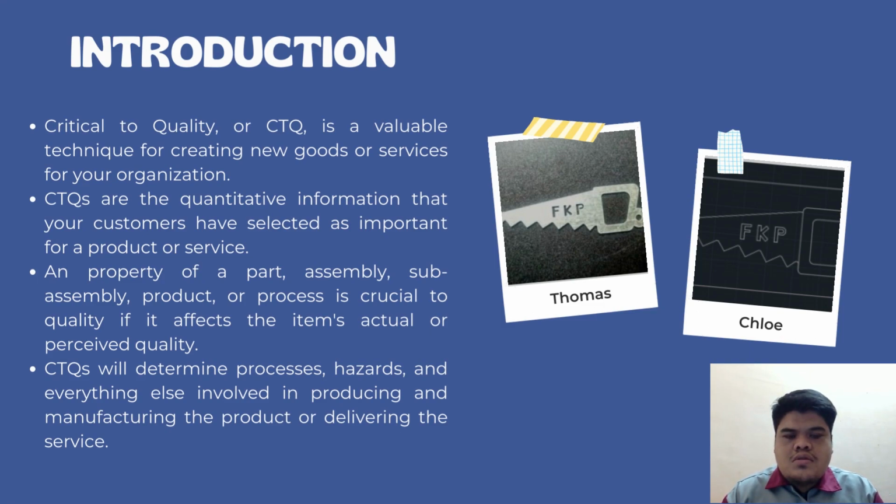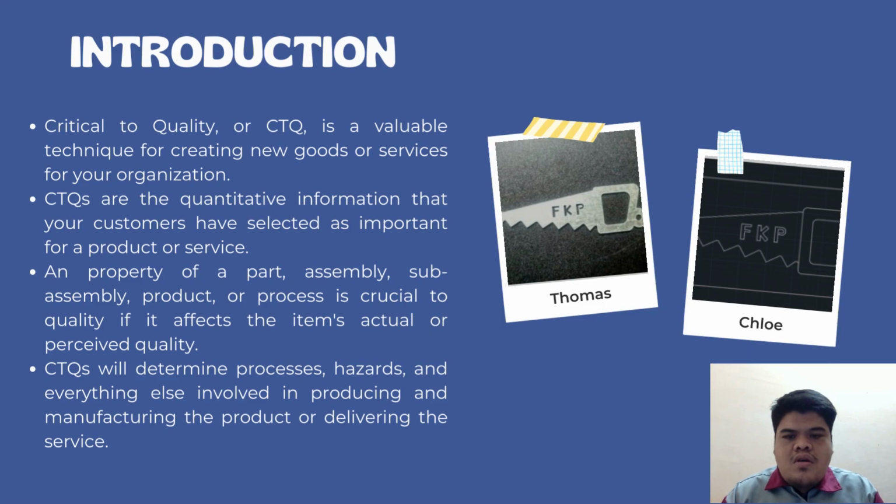For the introduction of our product, critical to quality, or CTQ, is a valuable technique for creating new goods or services for our organization. CTQ are the quantitative information that your customer has selected as important for a product or service.